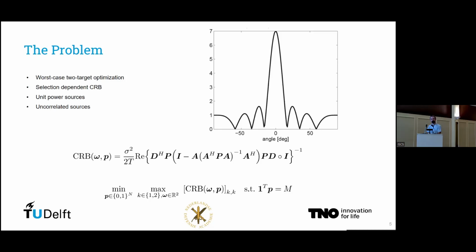So maybe you just choose the middle part of the array, but this will reduce the aperture of the array. Yeah, we've always seen that the array aperture is maximized as a result of our optimization. So the elements furthest apart from each other will always be selected with this method, as far as we've seen.